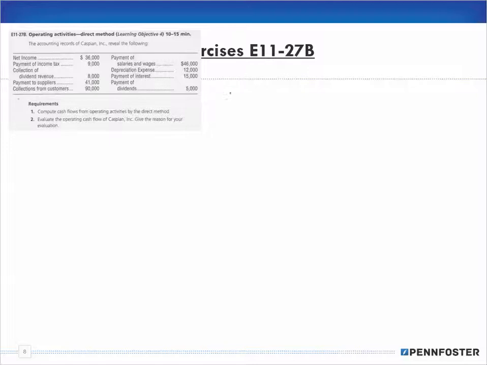Again, this is going to be a working paper, so I'm not going to be worried about the formalities of all of the formatting. Just remember you have a heading. With the direct method, the operating activity section differs from that of using the indirect method.